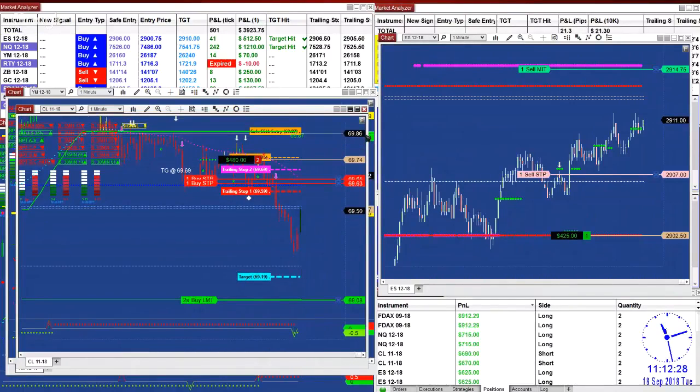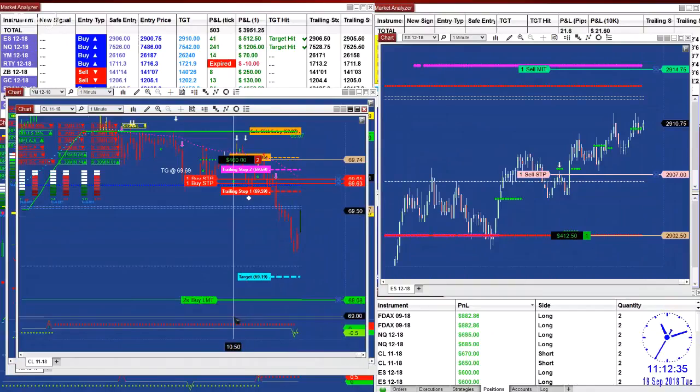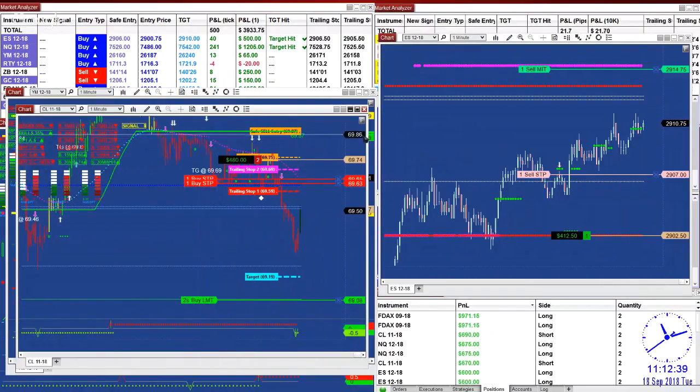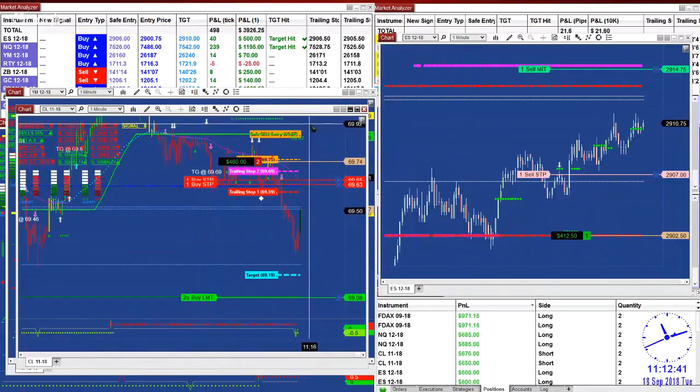We're not geniuses sometimes, and sometimes there is a pullback and there is nothing we can do. There is no guarantee in trading. There we go. The ES is climbing. This is very good.